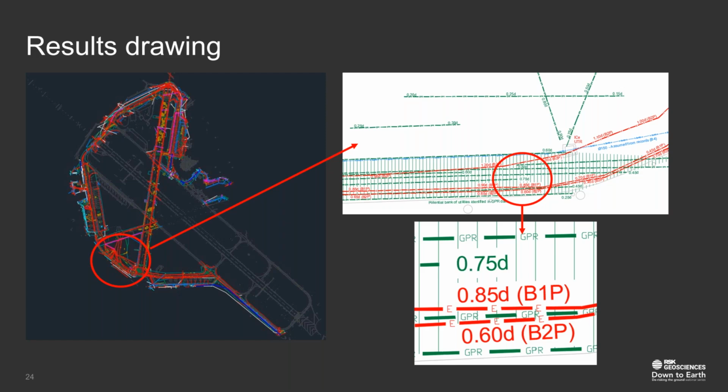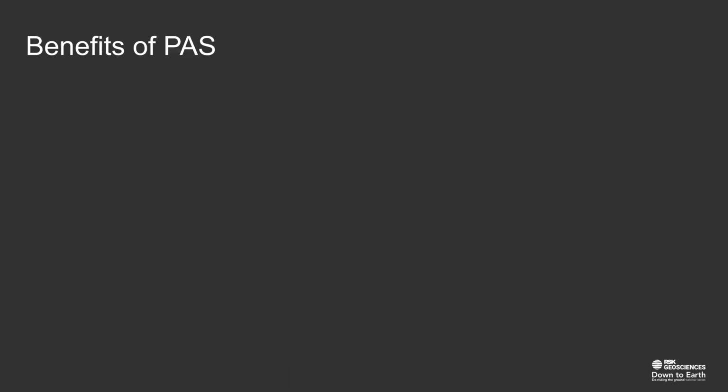And with all data and processing steps available for review and audit, as we've seen on the previous slides, it means that if the client chose to, they can request the data for themselves, or even for an independent person or team to review it if they see fit, which is good.